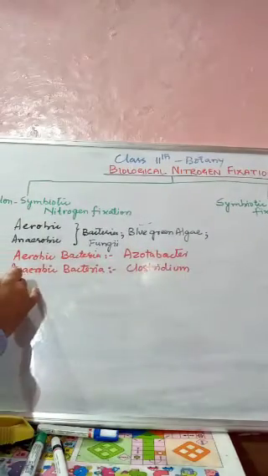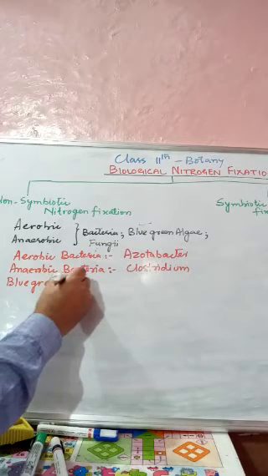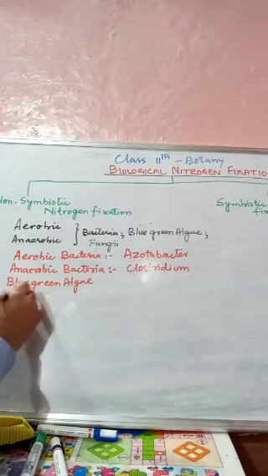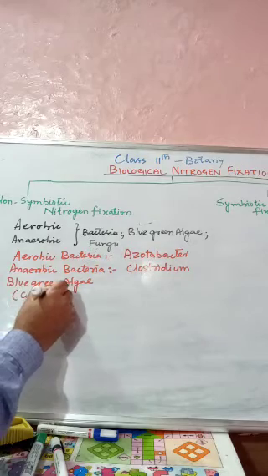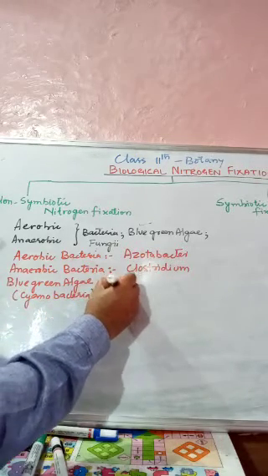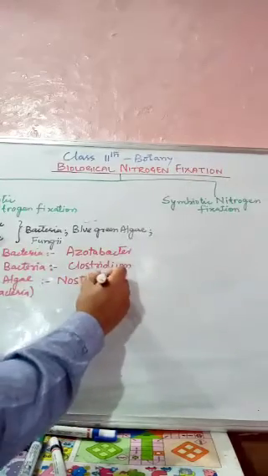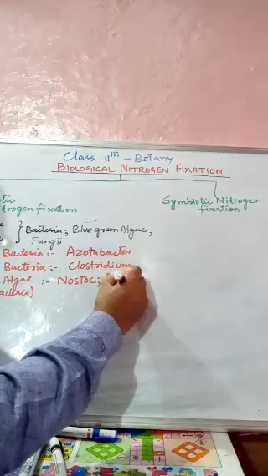Then we have blue-green algae, which we can also call cyanobacteria. For example, Nostoc, and for example, Anabaena.